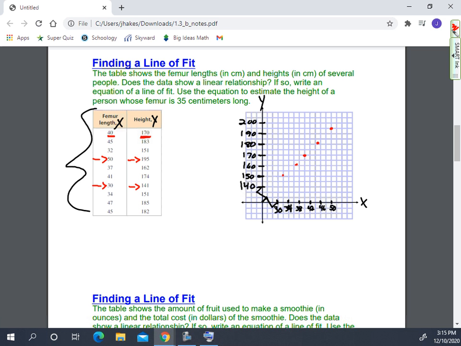Okay, next is 41 and 174. Right about there. Next is 30 and 141. That's our lowest point. Right there. Good. 34 and 151.